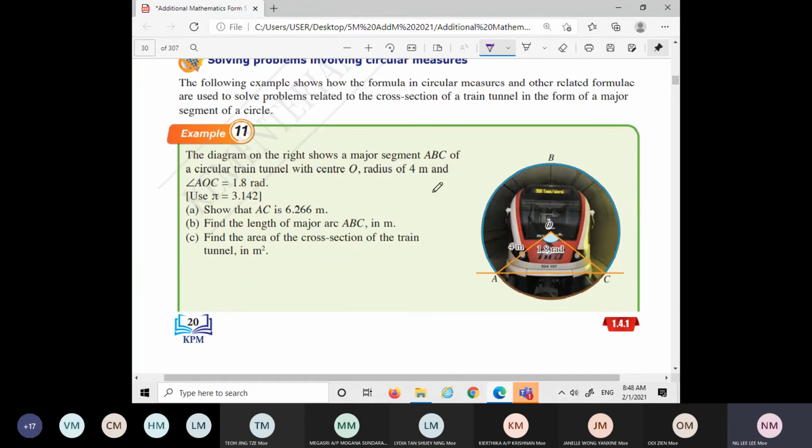Okay, we look at this. Diagram on the right shows a major segment ABC. Can see a segment. Okay, I highlight it. I don't know whether sharp enough or not to use this color. Oh, someone smoked. My goodness.